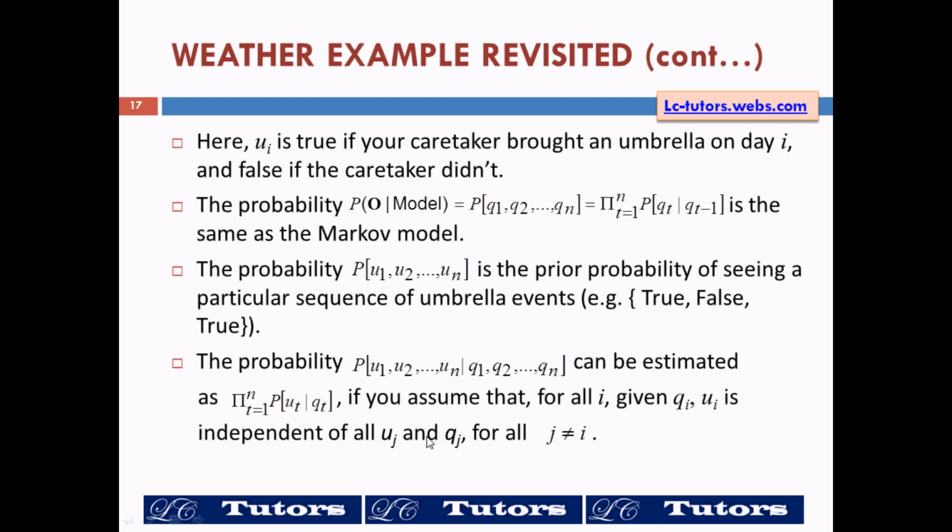These are two independent events. That means the observation sequence is independent of the previous day's weather. It only depends on today's weather.